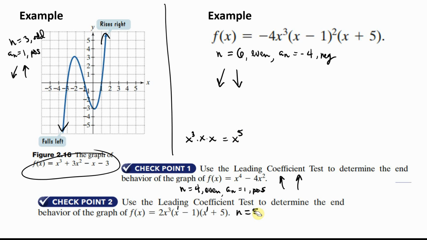Here, n is equal to 5. The leading coefficient is 2. It's positive. So for the end behaviors, it acts like x to the third. So it falls to the left, then it rises to the right.